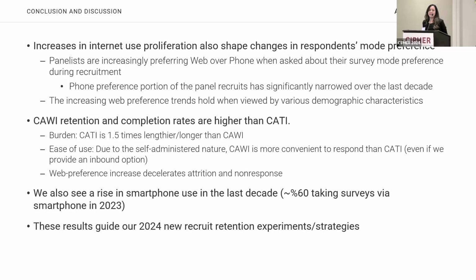So definitely a discussion point: do we want to still abandon the mixed mode? I don't think that's the case. We still see high demographic differences, but again, it definitely suggests some shift of resources.